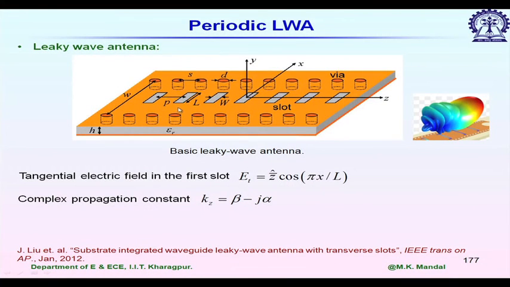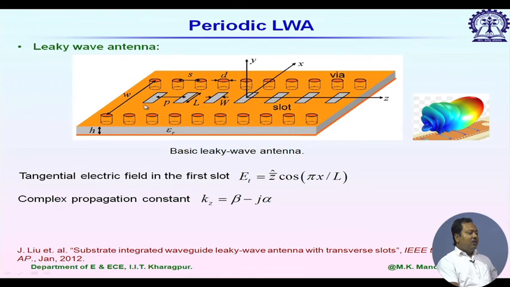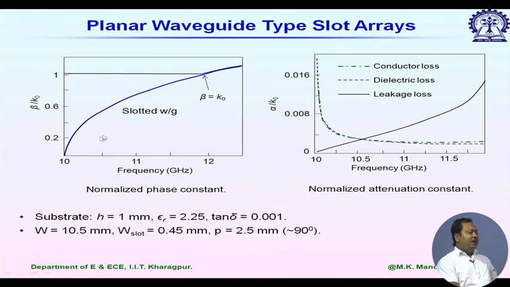I am showing one second example here. A periodic slot is etched on an SIW structure, but this is a rectangular slot. The periodicity is given by P and the length is L. You remember, this is not a resonating slot; we are using these slots for leakage, and this is the beta by K naught plot.